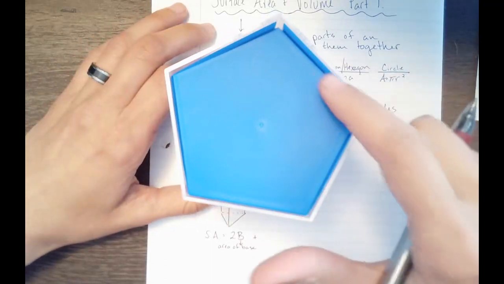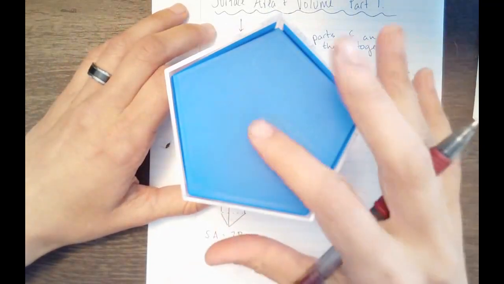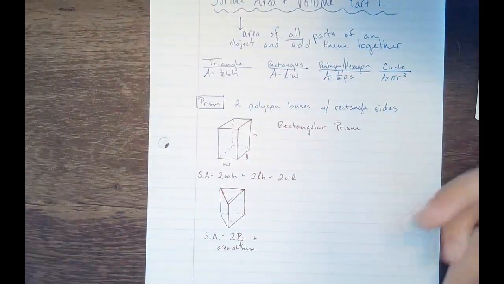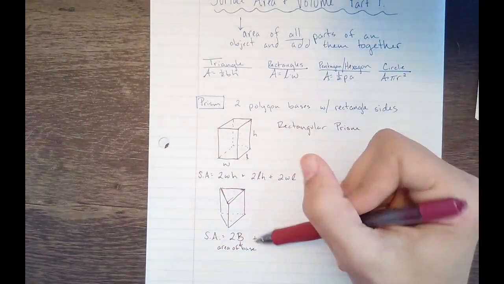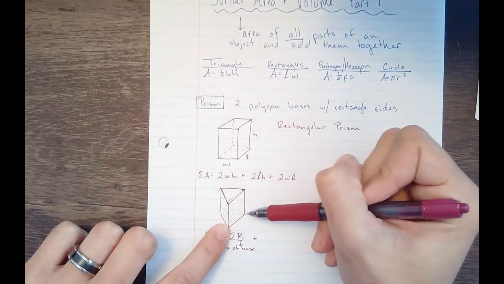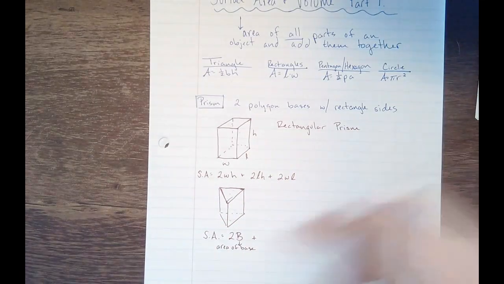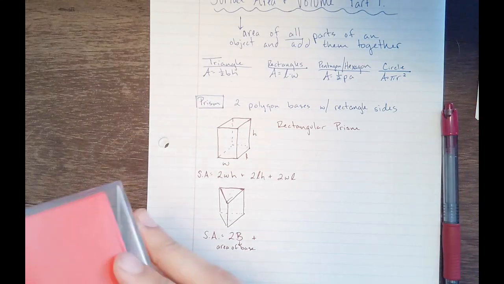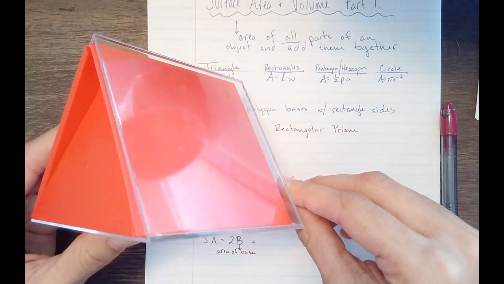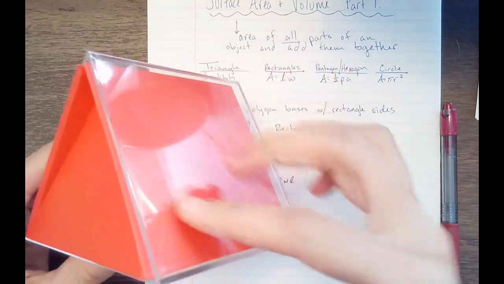And so then we have our bases covered, so now we just need to do everything around the side. Well, if we're looking at a triangular prism, the area of this rectangle is going to be our height times our width, or length times width, however you want to call it.